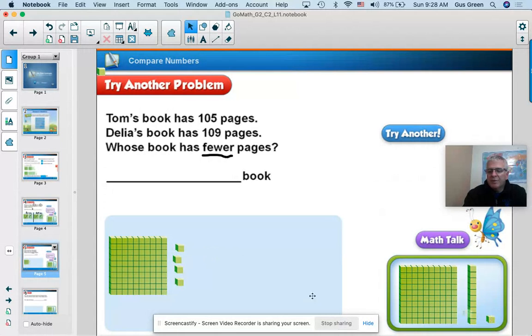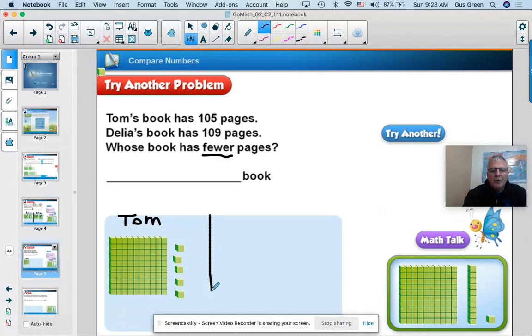I think I'll slip this one on the bottom, 105. So there you have Tom's book, or Tom, how many pages are in his book, excuse me. Now on this side, let's do Delaney.